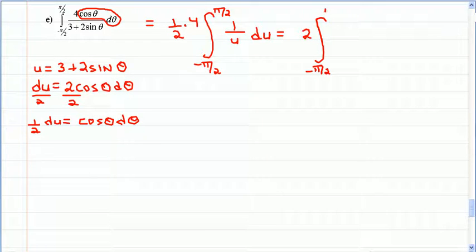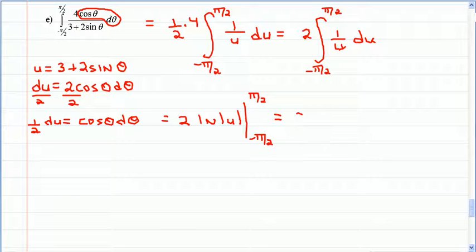From minus pi over 2 to pi over 2 of 1 over u du, which is 2 times the ln of u, and I substitute u back in.